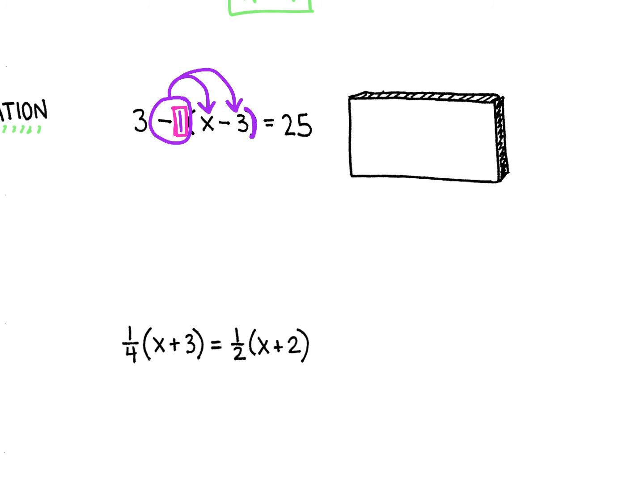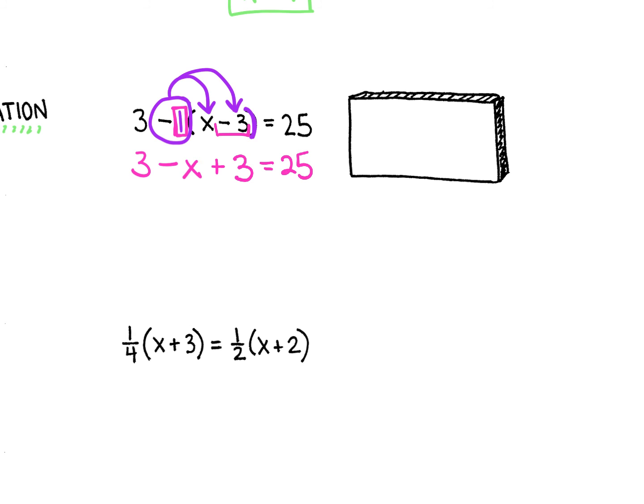So I'm going to start off right here. My 3 is here. We haven't done anything with it yet. I am going to take this negative 1 and multiply it by x. That's going to give me negative x or negative 1x. Now my negative 1 I'm going to multiply by negative 3. So a negative times a negative, this becomes positive 3 equals 25.